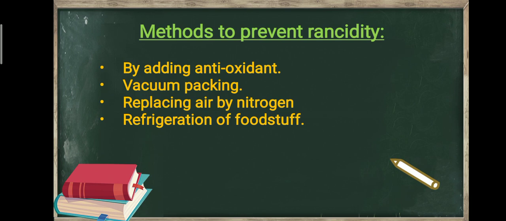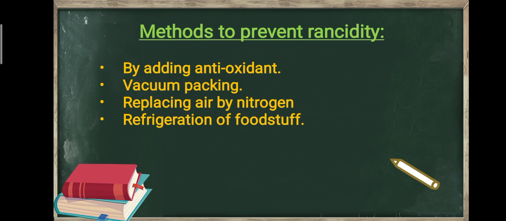The second method is vacuum packing. If we pack our food in an airtight container, rancidity can be prevented. The third point is replacing air by nitrogen. As we know, chips packets are flushed with nitrogen gas to prevent them from getting rancid.